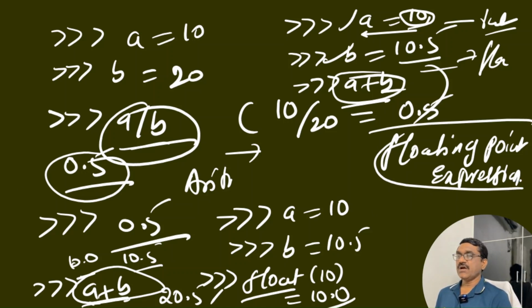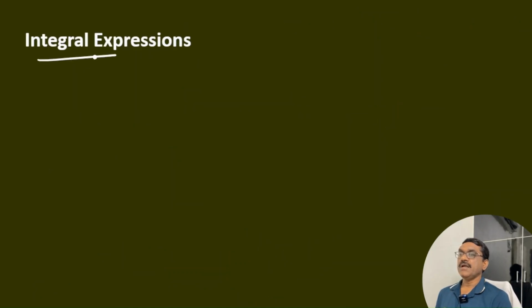Like this, we have different types of expressions, integral expressions. Till now, what we have discussed: an arithmetic expression is nothing but the expression which consists of arithmetic operators along with operands. The special case of arithmetic expression that we have seen is the constant expression where the operands are values.